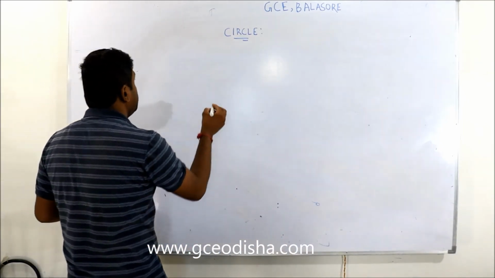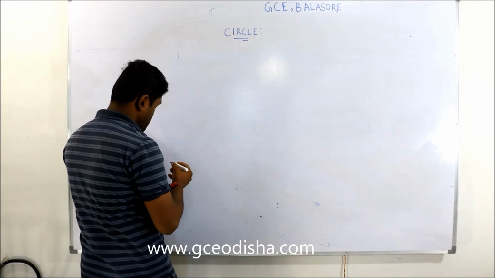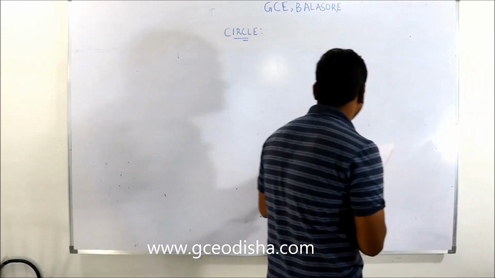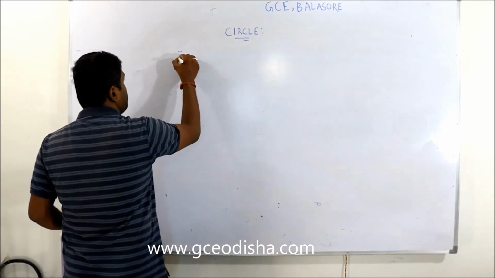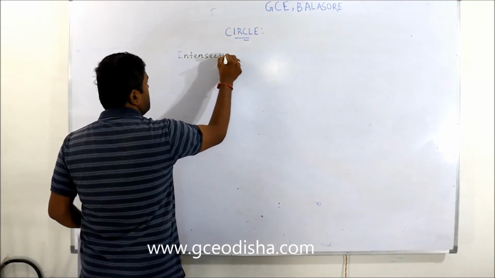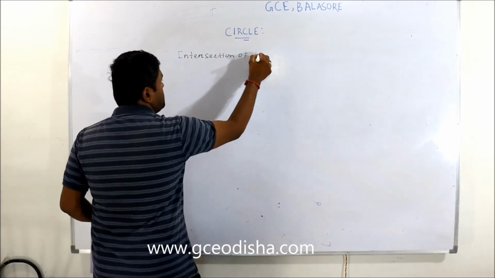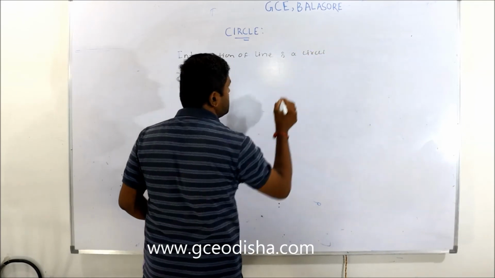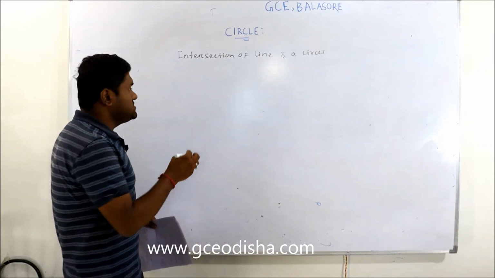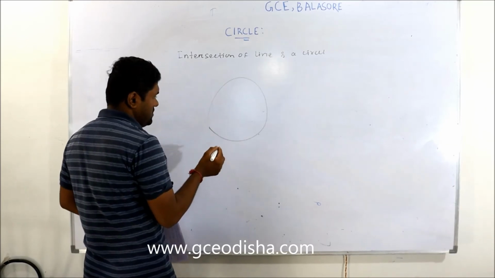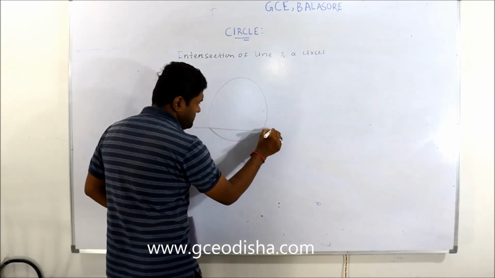Another thing is the intersection of a line and a circle. This is a circle and this is a line.